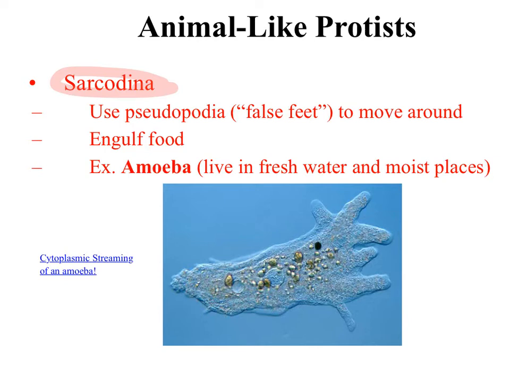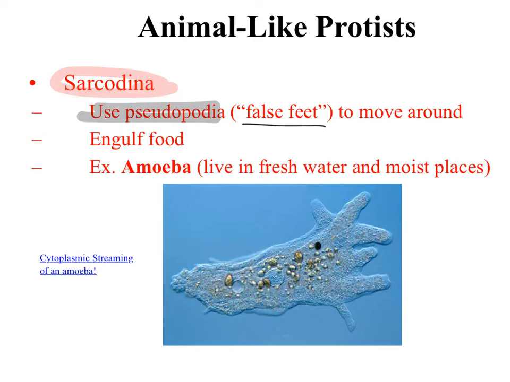Basically, this category uses pseudopodia, which means false feet. So they're like little pseudopods, fake feet, helping the animal to move around. So our sarcodina are all motile. They all move using pseudopods.